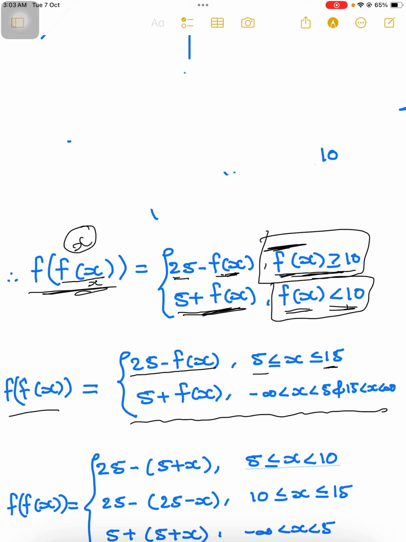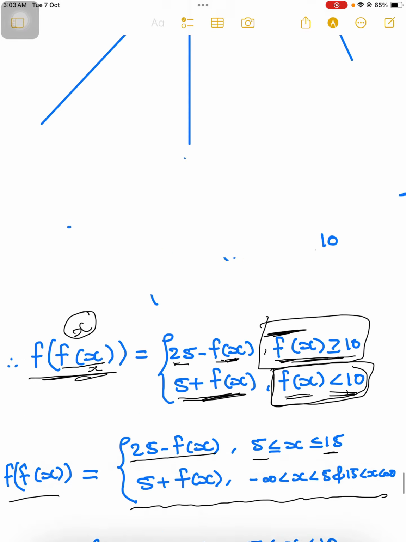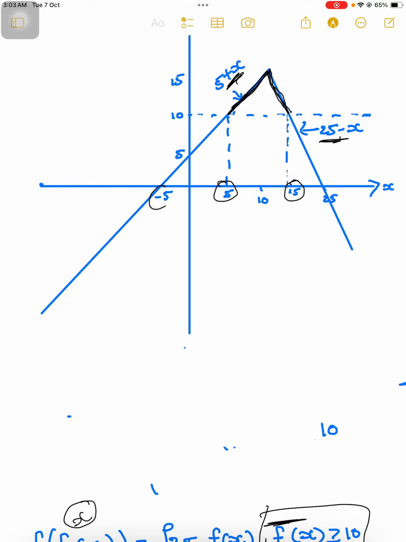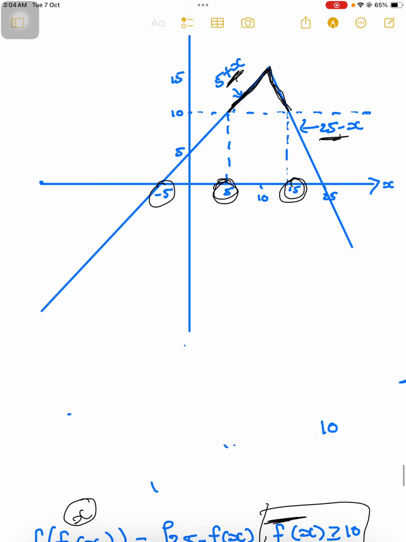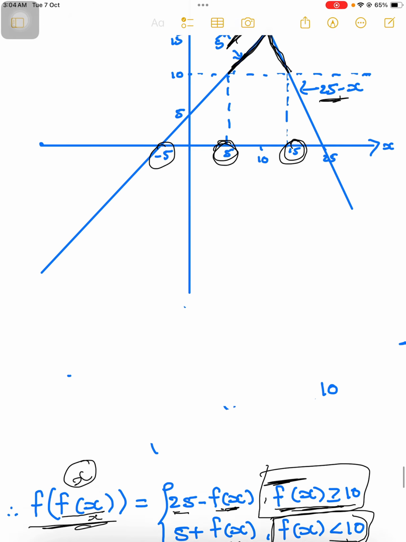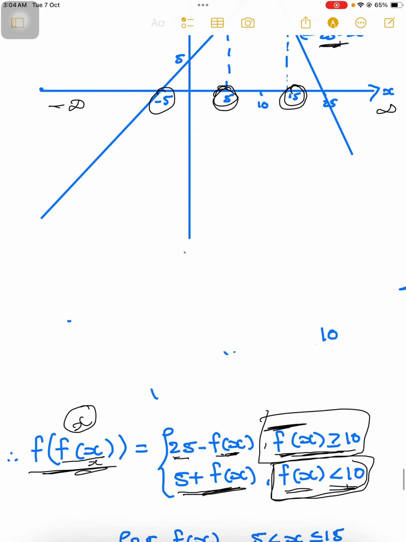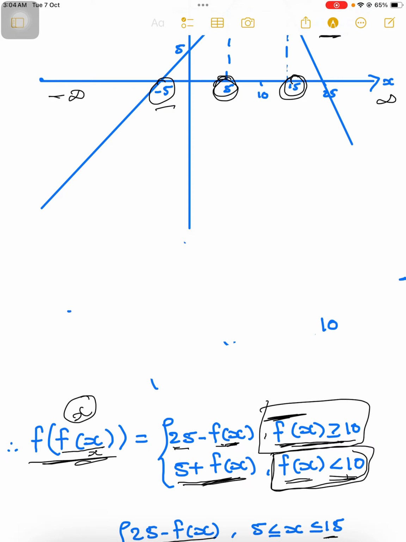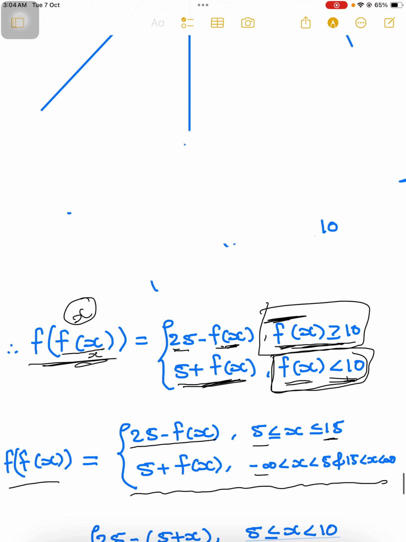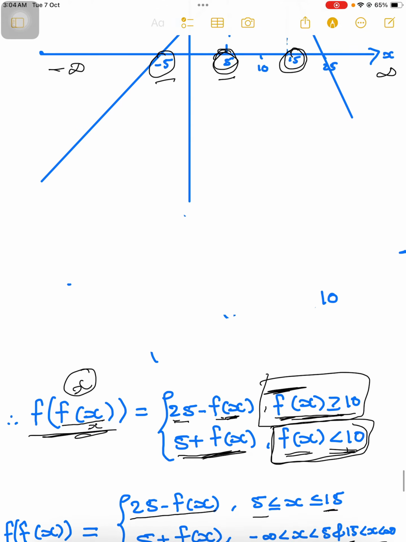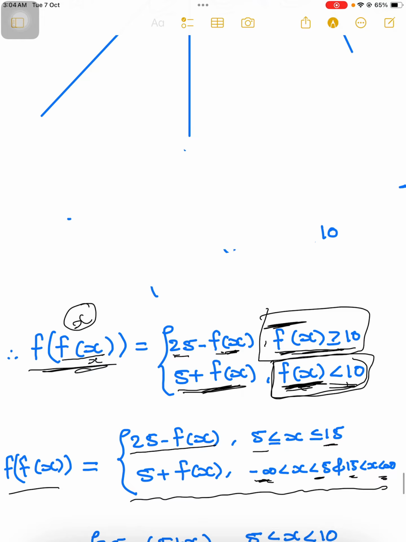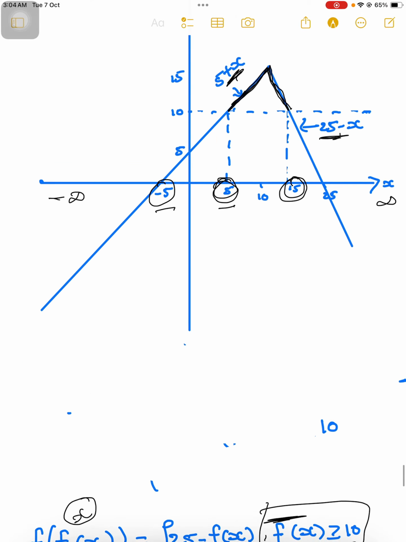After that, f of x less than 10 means minus infinity to 5 and 15 to infinity.